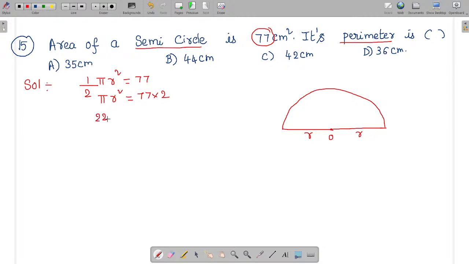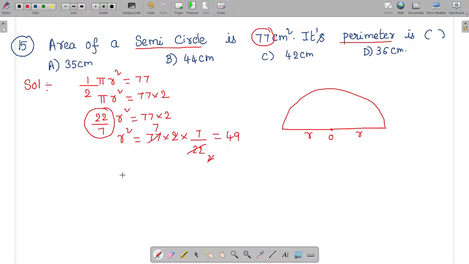Whereas pi means 22 upon 7, r square is equal to 77 into 2 multiplied with the reciprocal of 22 by 7, that is 7 upon 22. 11 2 ja, 11 7 ja, 2 gets cancelled, we have 49. So radius is given by r is equal to root 49, that will be 7. So the radius of the semicircle is 7 centimeters.